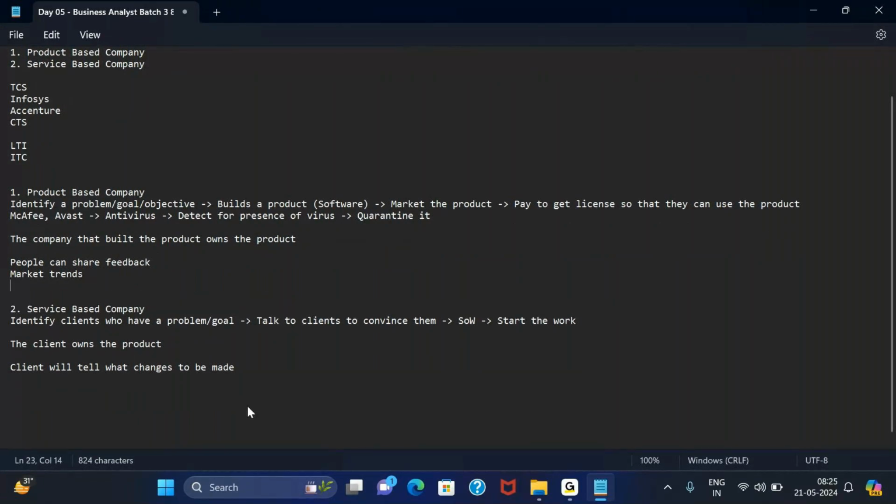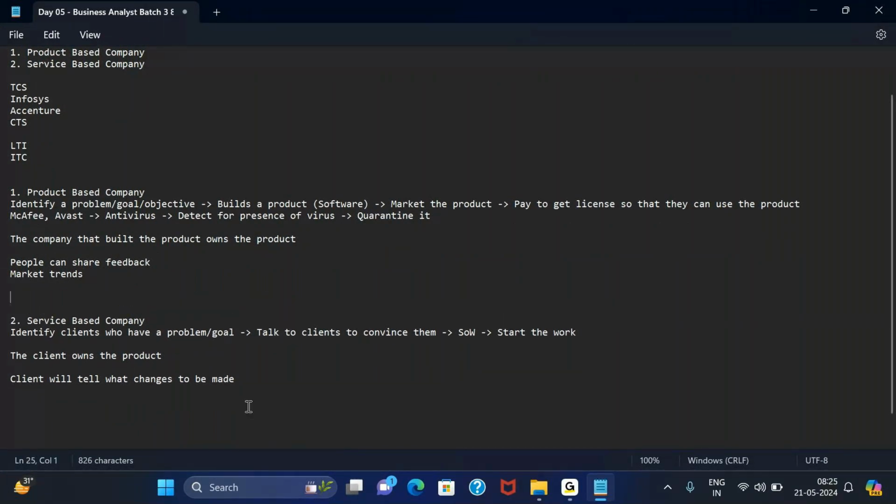Now, before we move on to our next point, that is what could be expected of a business analyst in these types of organizations, I just want to take a pause here and see if there are any questions.